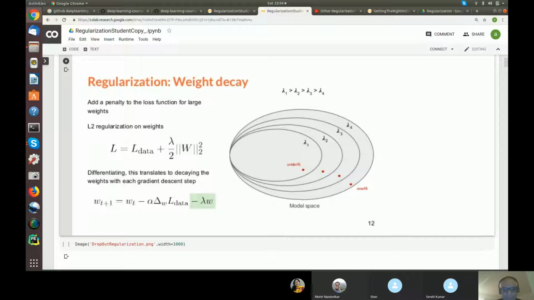Now, if you just take the first and the third term together, then you get Wt minus lambda Wt. If you take W out, it's basically Wt multiplied by 1 minus lambda.